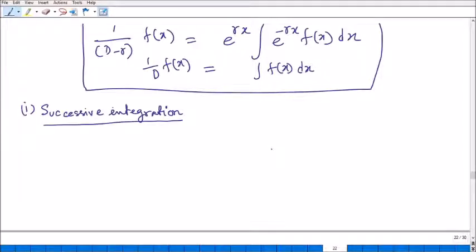In this technique, the function is integrated successively.